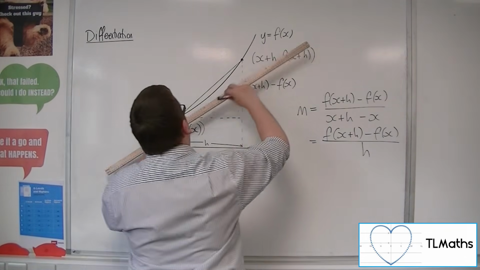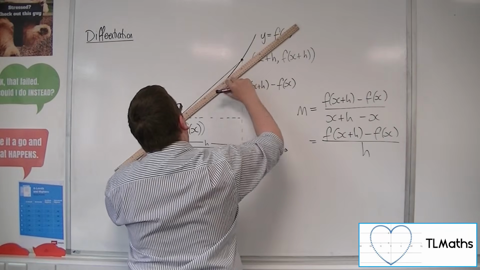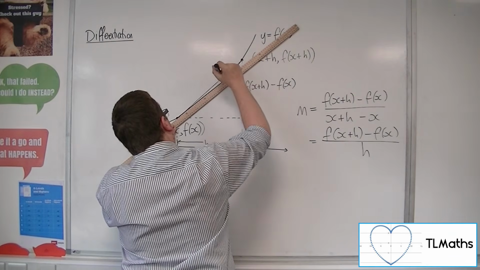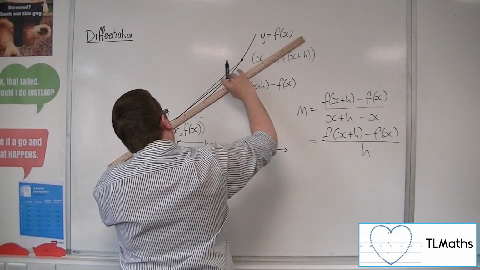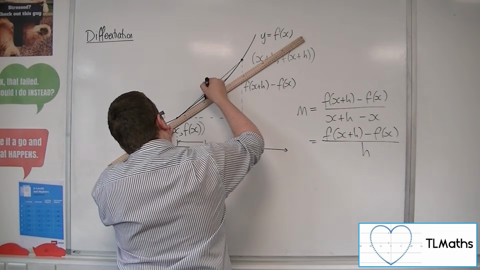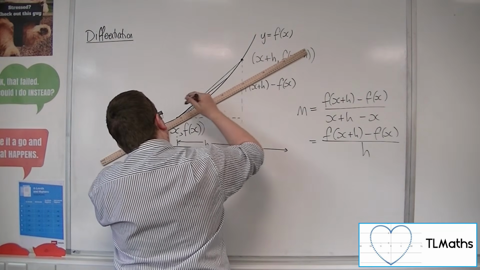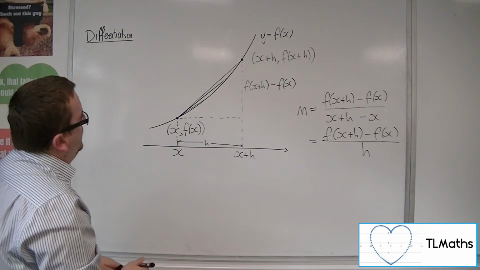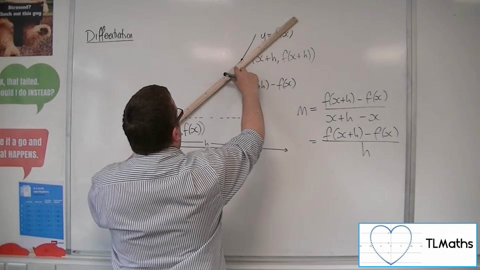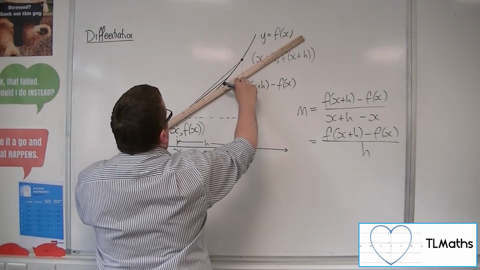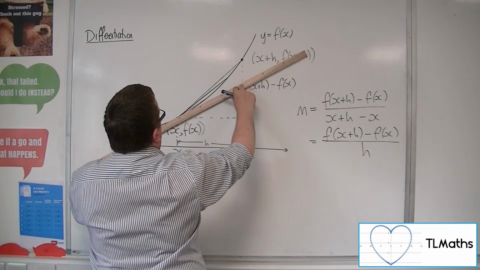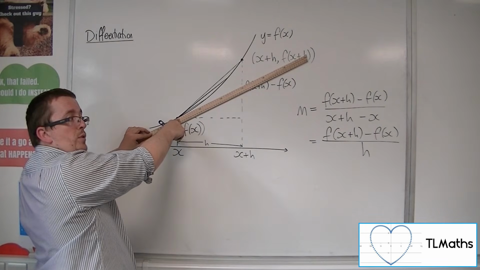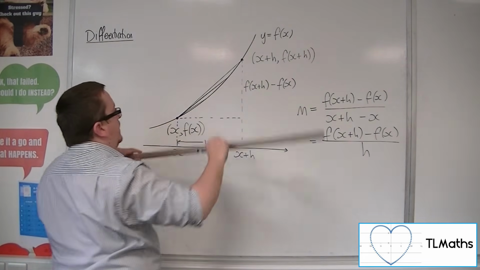Now, the effect that that will have, if I draw on some new chords, you see the effect is that the gradient of the chords that I look at will get closer and closer and closer to the tangent at that point, the one that I'm interested in.